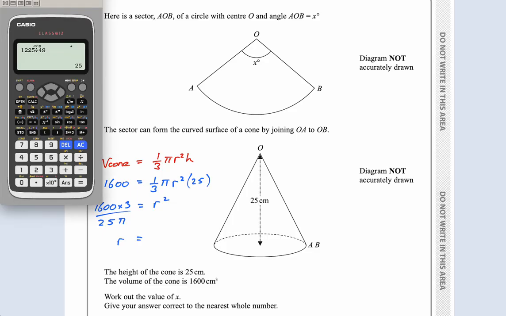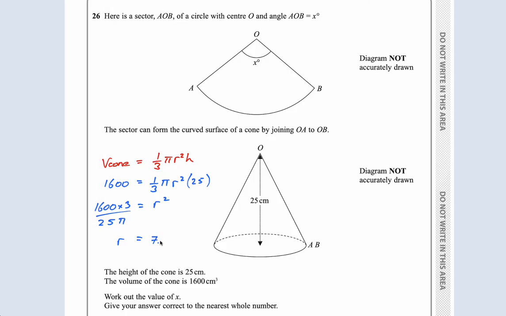So it's the square root of 1600 times 3 over 25 times pi, which is this. So the radius is 7.8176. Remember, don't round too much in the middle of the question. So this is my radius, and it's this value.